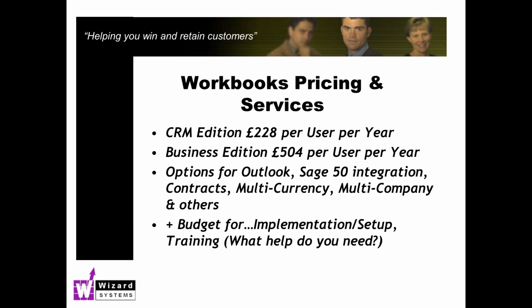CRM edition is 228 per user per year, and business edition is 504 per user per year. You can mix and match these 2 editions. There are some popular add-on options. Outlook, managing contracts, multiple currencies. If you're quoting in multiple currencies, there are add-ons for managing this. Generally, these Workbooks add-ons are about £48 per user per year.